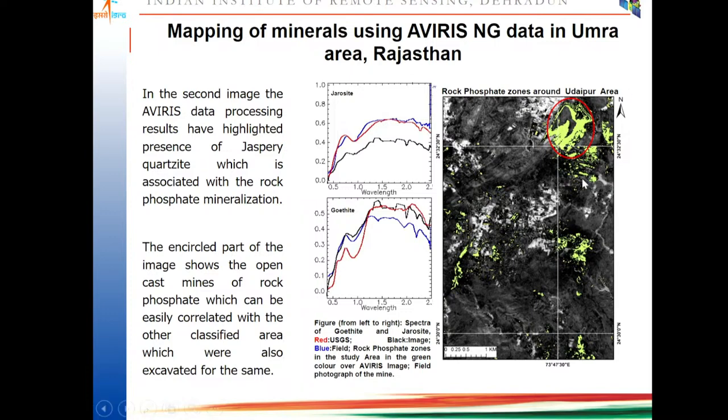So these are just open quarries available in different parts of the surrounding areas, in the outskirts of Udaipur. Those areas were also mined for the rock phosphate, but the percentage is not high enough to be economic, so they have not done further exploration.